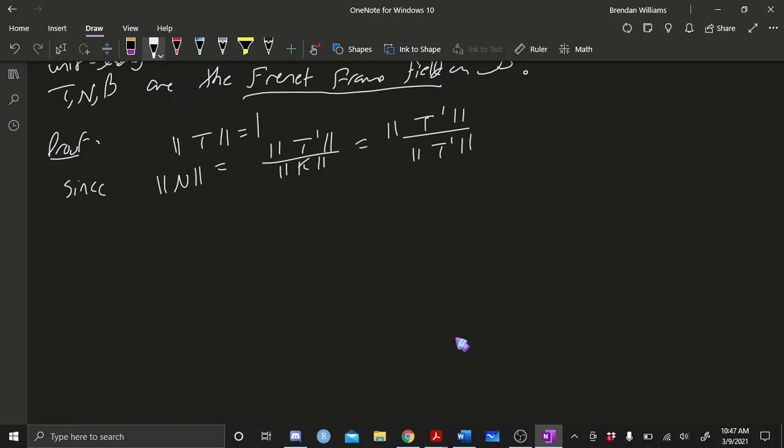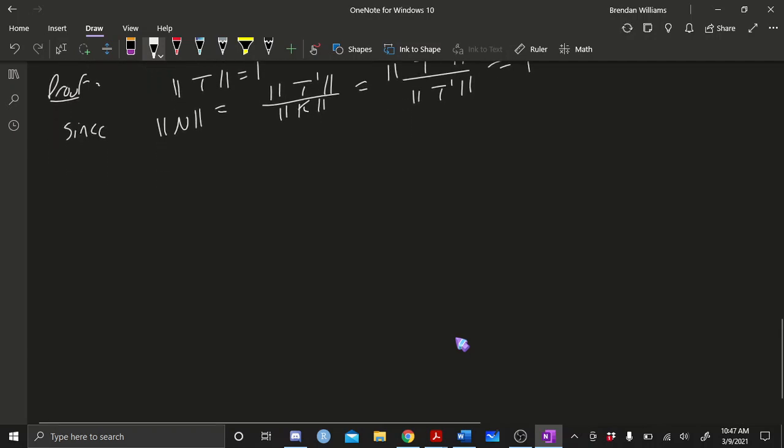And we're assuming that kappa is greater than 0, of course, so this is equal to 1. Okay, so N is also unit length.